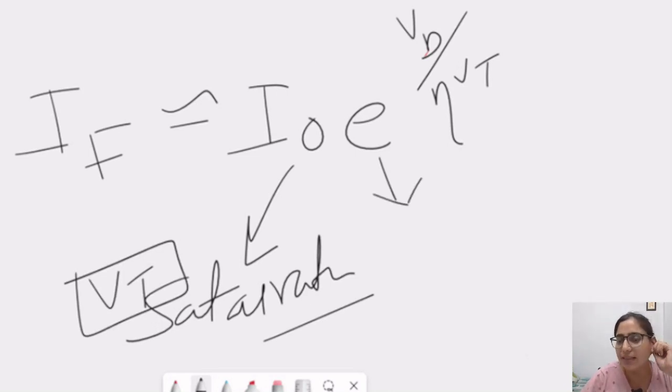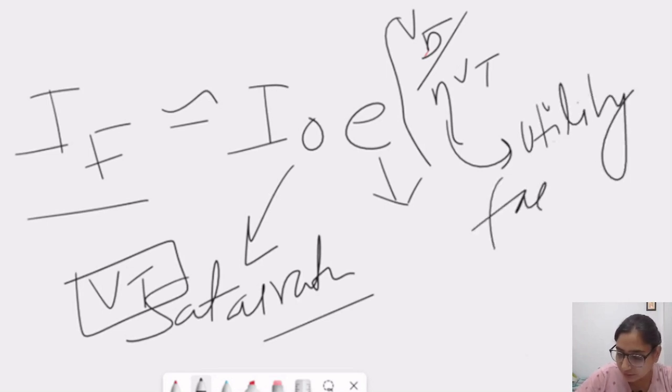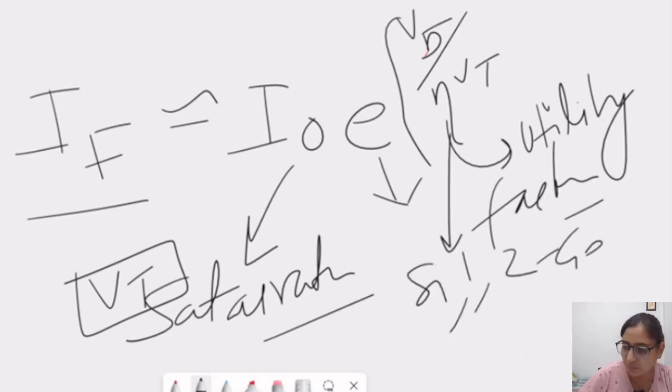We know that the forward current is increasing exponentially, so we take the exponential term of Vd upon Vt with a factor, the utility factor, and this symbol is considered as the utility factor. This utility factor is 1 for silicon and 2 for germanium.